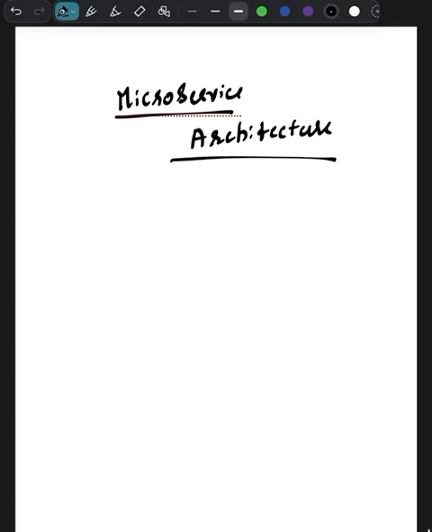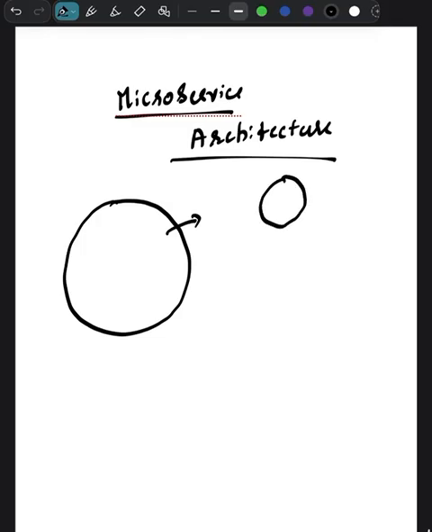Now, a microservice architecture divides an application into smaller independent services. Instead of one large application, it divides the application into smaller modules.